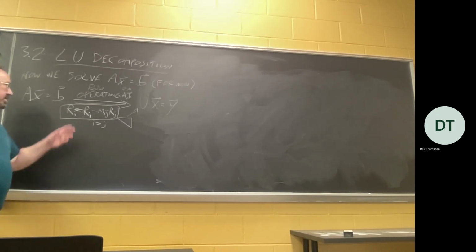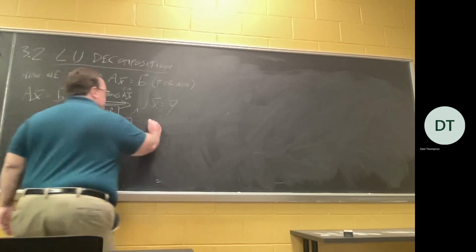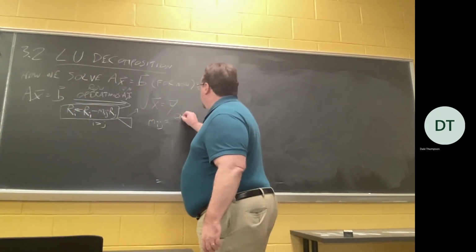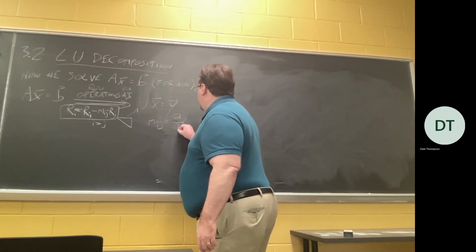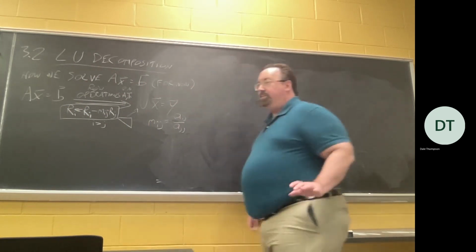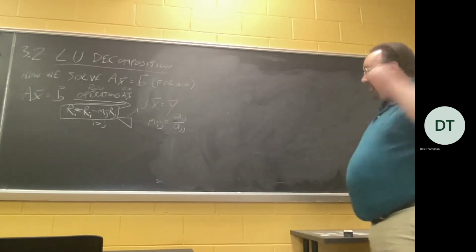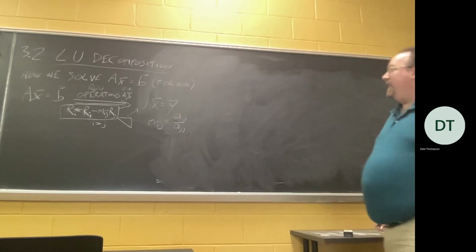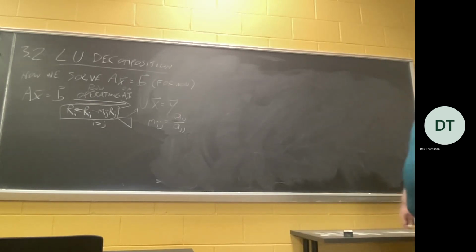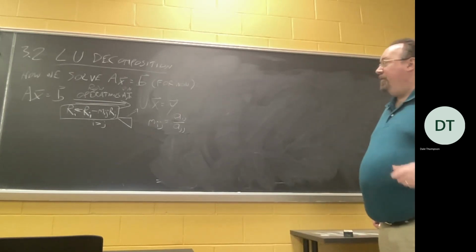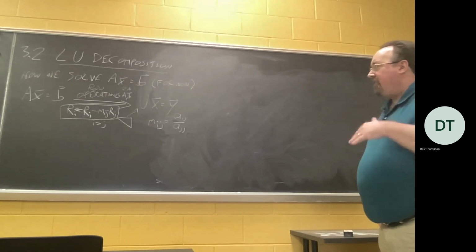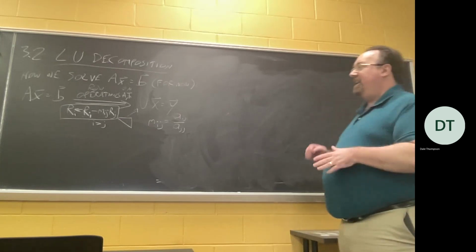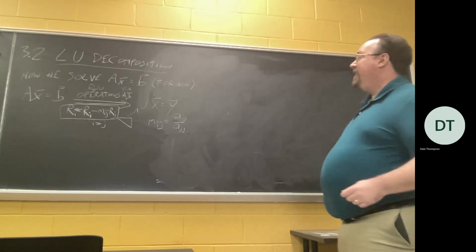So based on the entries of A, we have a formula for a multiplier. m_ij is equal to a_ij over a_jj. And for now, we're just assuming it's non-zero. And we start with the first column, j equals 1, and then keep going to the right until all the columns are processed. So the actual row operation is figured out based on the entries of A. We apply it to A, and then we also apply it to b.